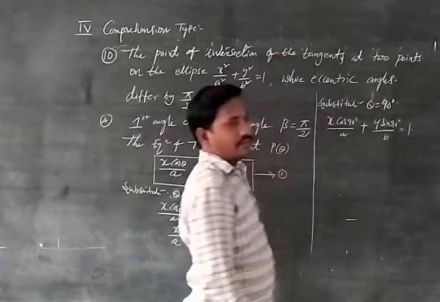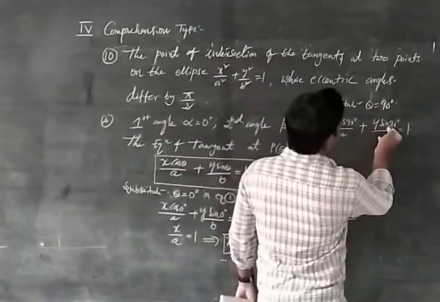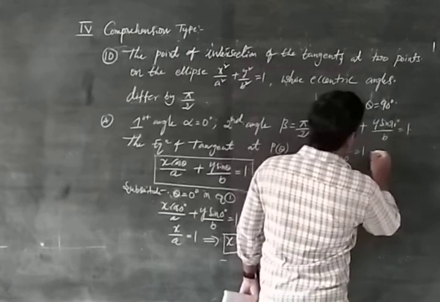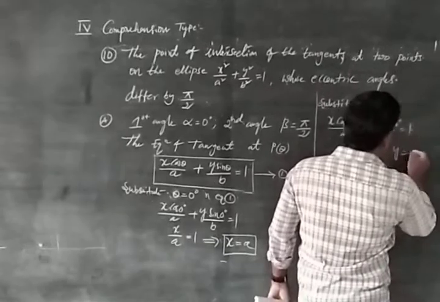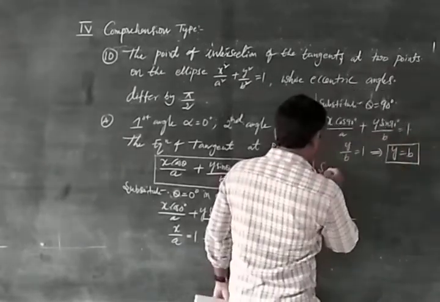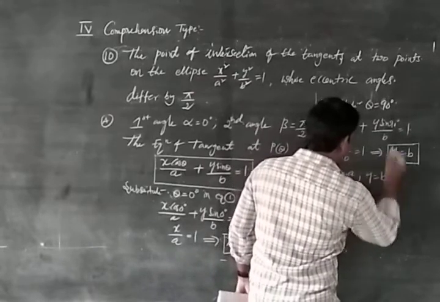Cos 90 is 0, sin 90 is 1. So y by b equal to 1, that means y equal to b. So x equal to a, y equal to b.